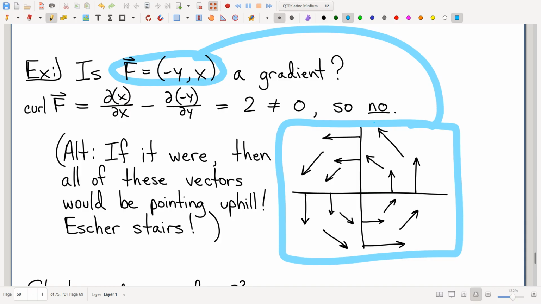That clearly is not what we're looking at here. Clearly, if I go counterclockwise, I get a positive circulation. In fact, and as I point out in what I wrote over there, this is kind of reminiscent of the Escher stairs, right? If these vectors really did all point uphill, if it were a gradient, this would be the Escher stairs all over again. Everybody happy with that? So I'm going to call this a satisfying justification of what we already computed.